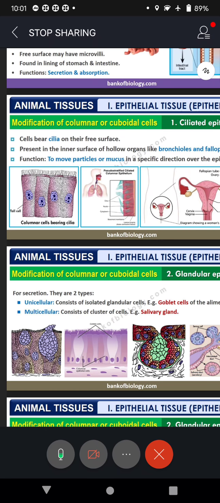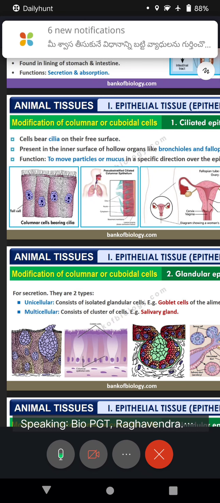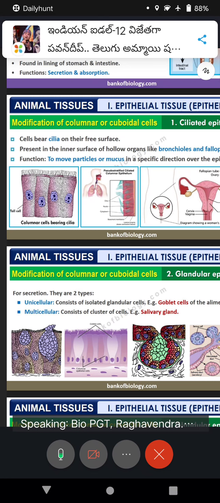Any idea? Can someone define a gland? Yes, Naveen, Pallavi. It produces hormones. Okay. What is it made up of? You are telling the function.